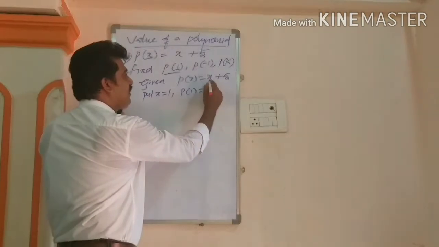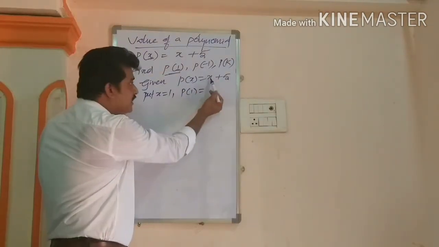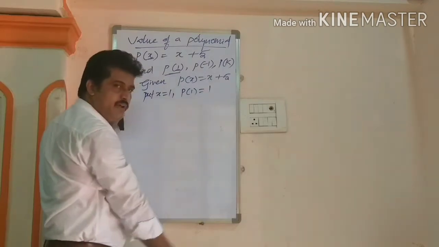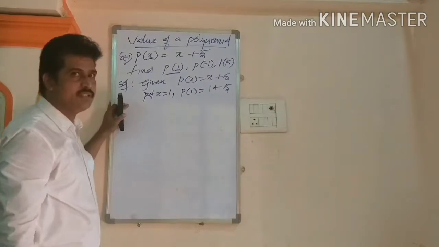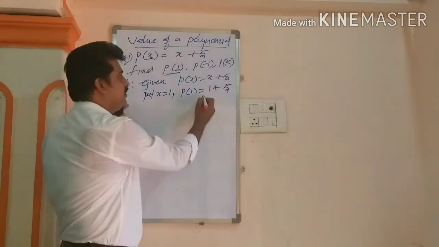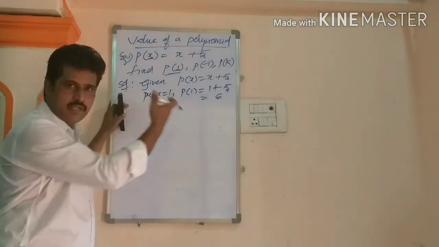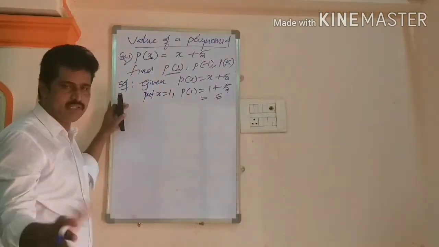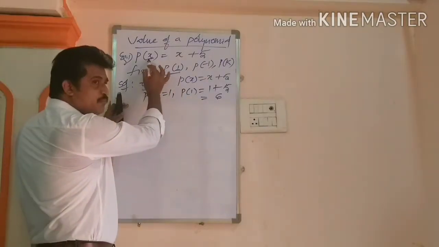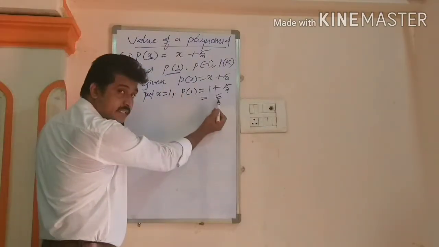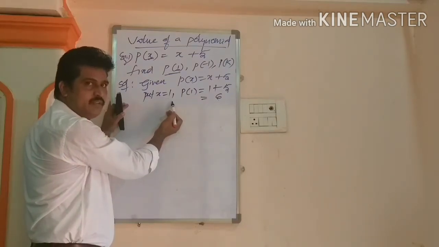P of 1 is equal to, in place of x, 1 comes, plus 5 is as it is, it should not change. Now 1 plus 5 is equal to 6. That is the value of the polynomial, that's all. So the value of p of x is 6 when x is equal to 1, like that we say.